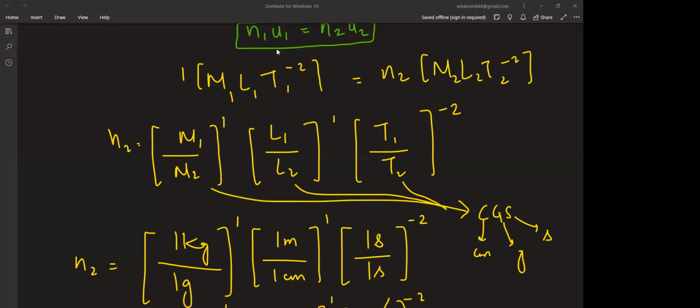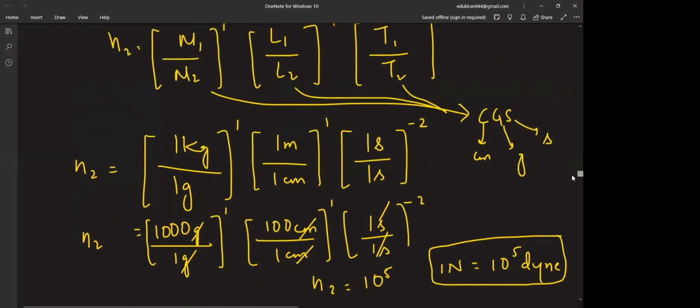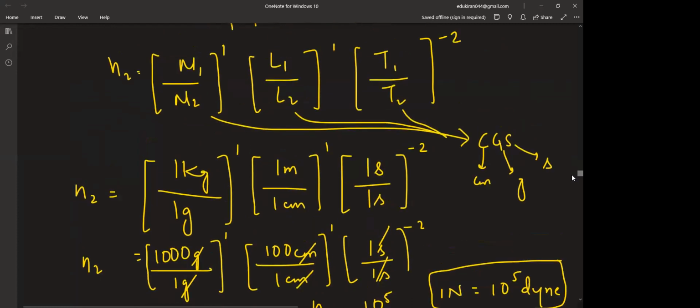If here some other powers were there, like m to the power 2, so this would have been into 2. So 100,000 into 1000 would have been there. That's why these dimensions are important over here. Otherwise, generally, we never convert it like this. But since this is a part of your syllabus, you have to convert it like this.